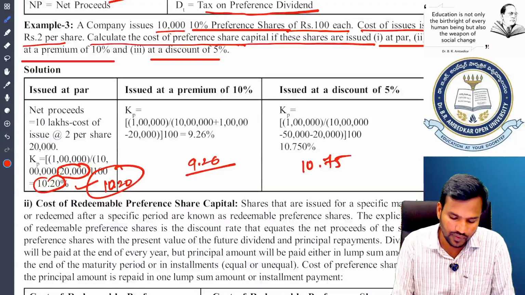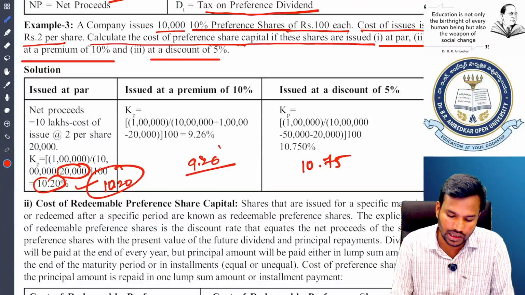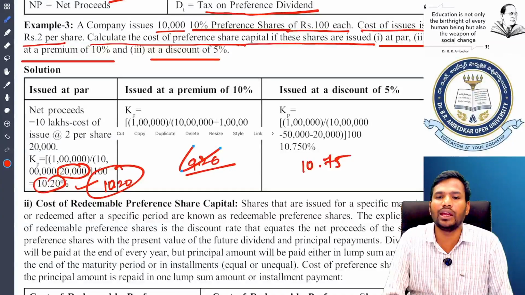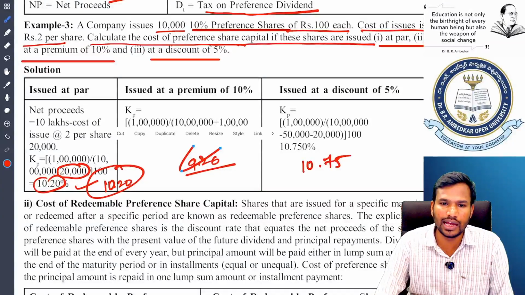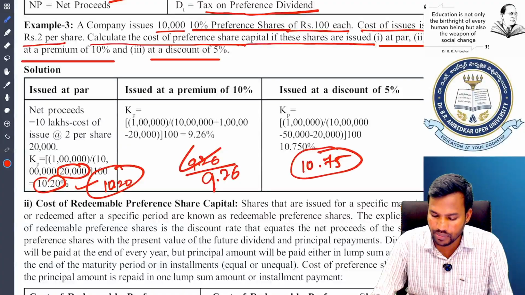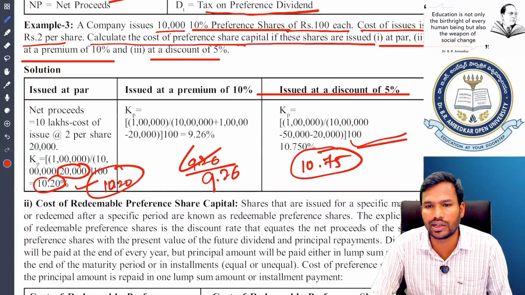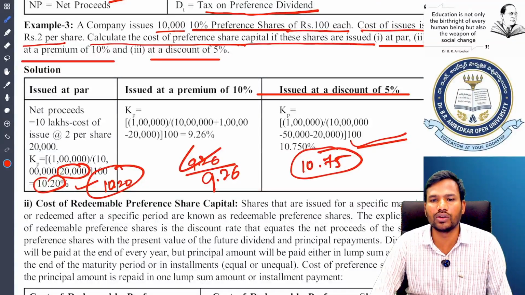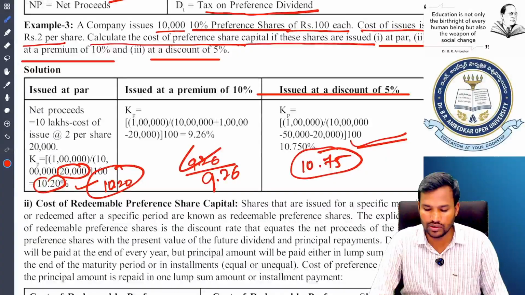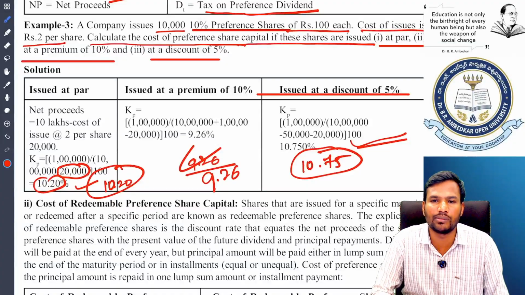Issued at par means at what rate we are issuing, that amount we will receive. But coming to the premium, why the rate of percentage is decreased? It means the company is getting excess amount than the actual, so the rate of percentage is decreasing. Why 10.75% in the discount column? The company is showing 10 lakhs, but the company is getting only 9 lakh 90,000, means discount, the company receives a lesser amount than the par.